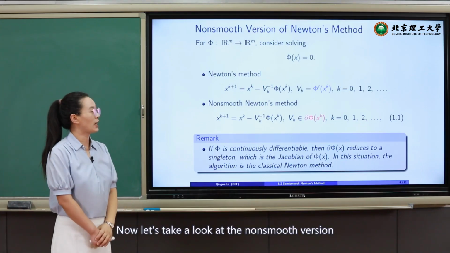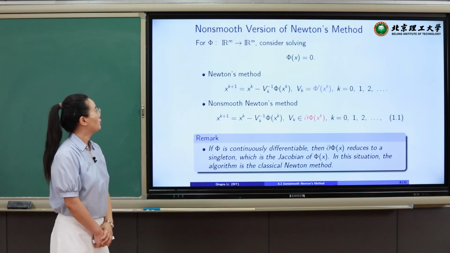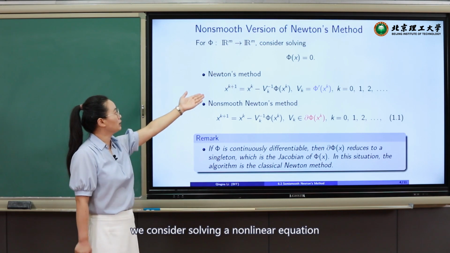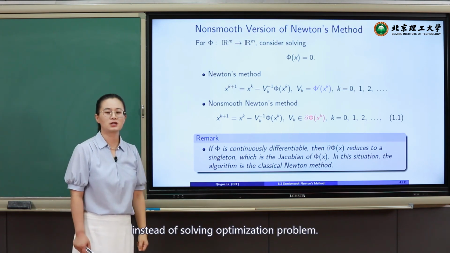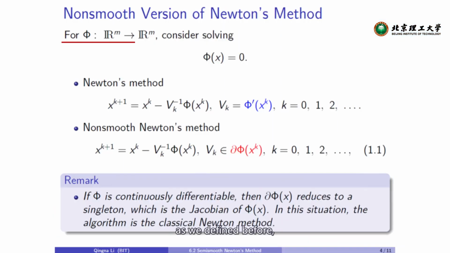Now, let's take a look at the non-smooth version of Newton's method. Actually, we consider solving a nonlinear equation instead of an optimization problem, okay? So we have this phi, as we defined before, from m-dimensional space to n-dimensional space, and phi x equals 0 is the system we are trying to solve. The classical Newton's method to solve the system will update xk like this.